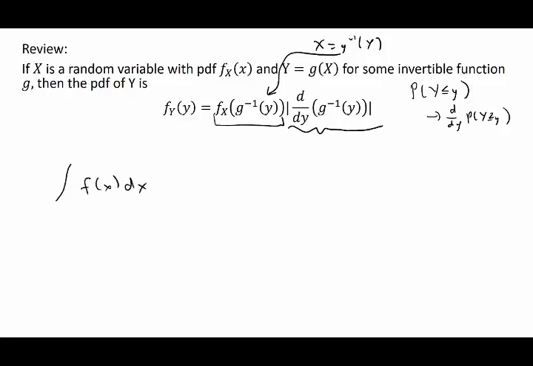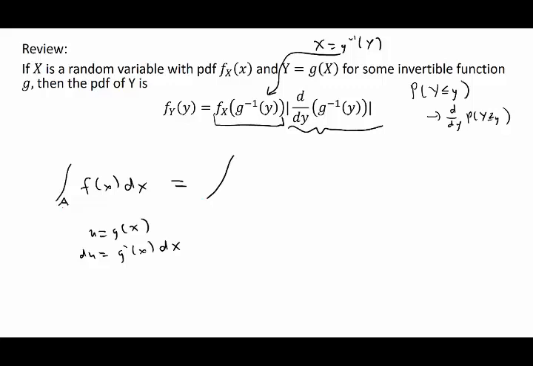So the change of variables formula for integrals says that if I'm performing an integral of f of x dx over some area A, and I want to make a u substitution, so u is g of x, meaning that the differential du is g prime of x dx, then what would I have to do?